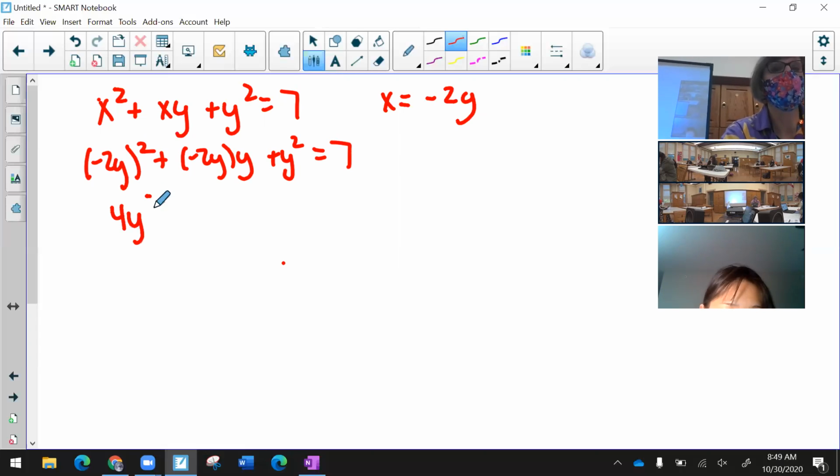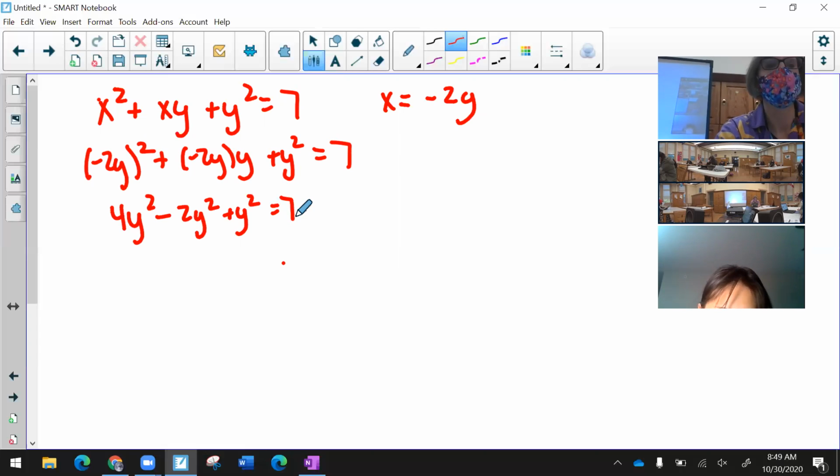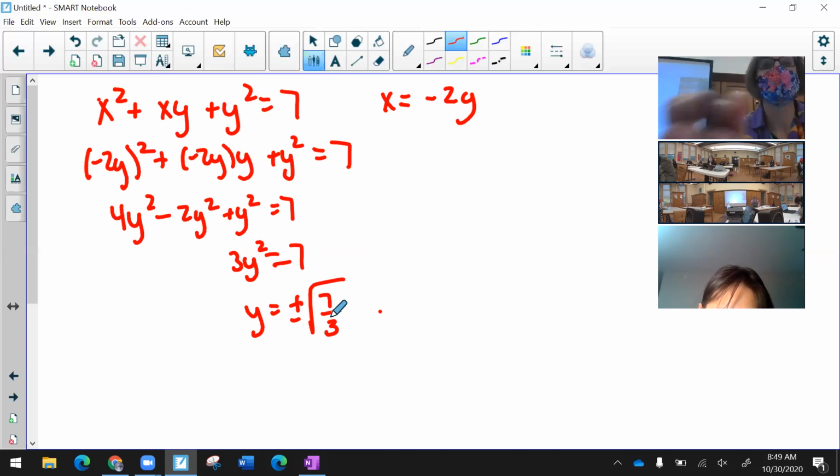So that gives me 4y squared minus 2y squared plus y squared is 7, or 3y squared is equal to 7, or y is plus or minus the square root of 7/3.